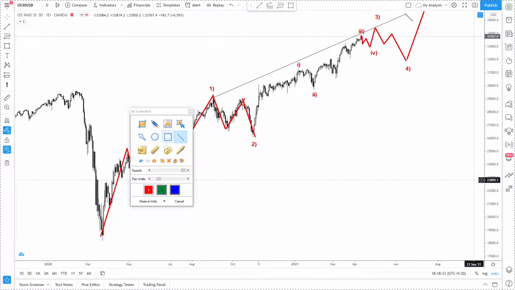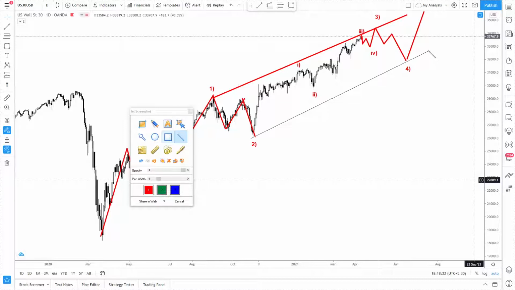Now it could be like this, and 1, 2, 3, 4, and 5. It looks simple, but the market won't be like what I have drawn here, right? It will change a little bit here, then it will be like what I have explained.